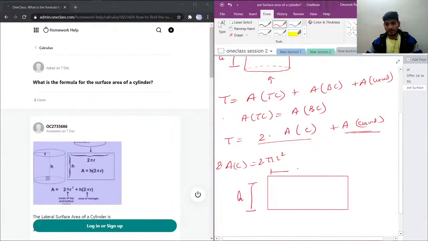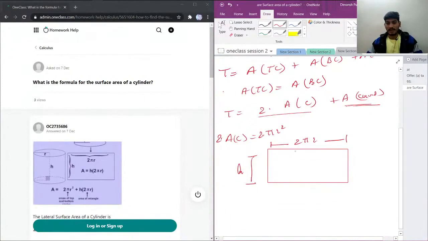So this will become circumference, 2 pi r, and area of this rectangle is length into breadth. So my area of curved surface will be length 2 pi r, breadth h.